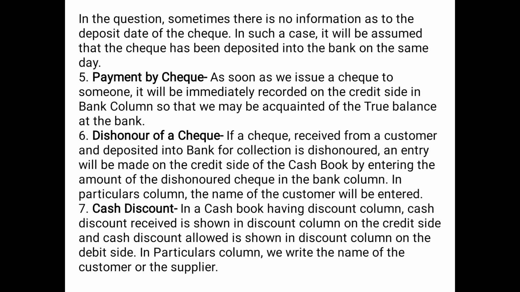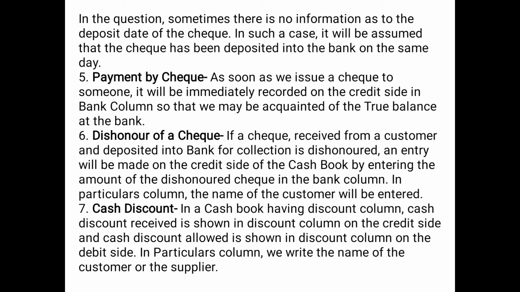Then the sixth one, dishonor of a check. If we have received the check, we have deposited the check in the bank, and on the assumption that payment will be received, the check will be cleared positively, we have shown it on the debit side. But if during the process of clearing the check gets dishonored, then that means our bank balance will not increase as we thought.